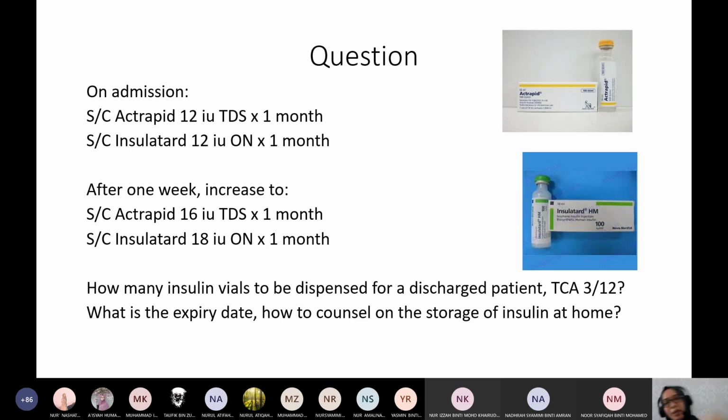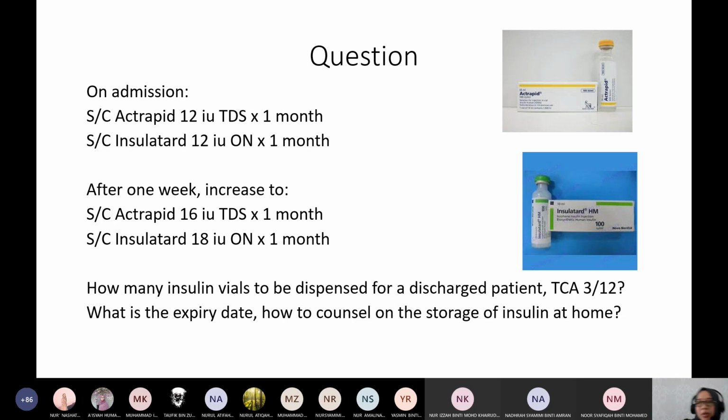Now the patient is admitted, and you as an inpatient pharmacist need to supply the medication until the next trolley day. Please ignore the lower part first. As an inpatient pharmacist, you receive a prescription with the medication trolley: subcutaneous atropine 12 IU TDS for 1 month.